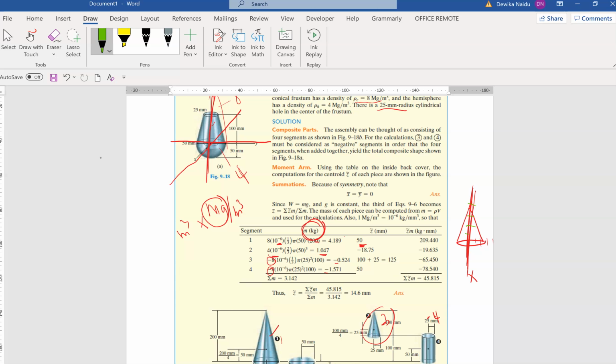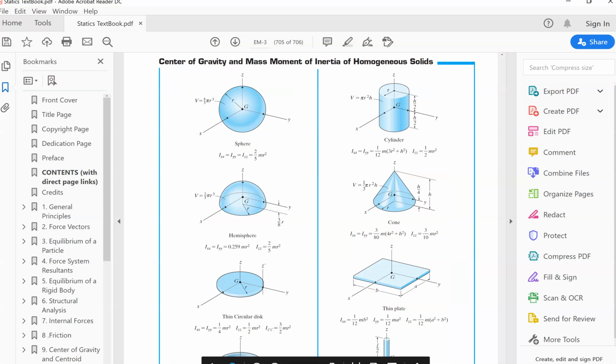Now, where do you get this value? Going back to the table, you can find here, they would have given you. Can you see the h? h over 4. From the bottom, h over 4. So that is how you find the centroid.